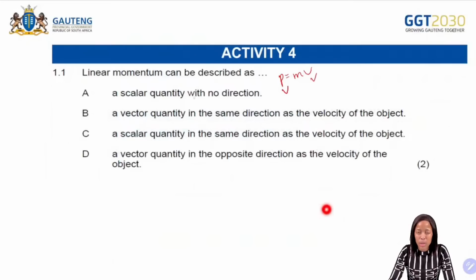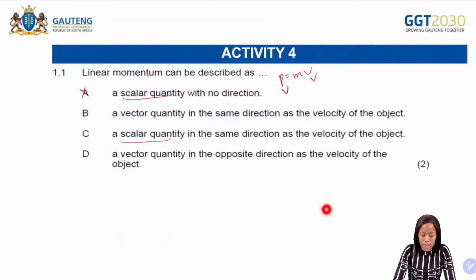The first one says a scalar quantity with no direction. We know that will not be our answer, so we are eliminating now. Let's have a look at option C, a scalar quantity in the same direction as the velocity of the object. Because it's a scalar, that will not be our option.